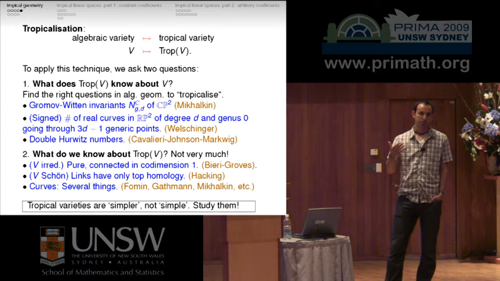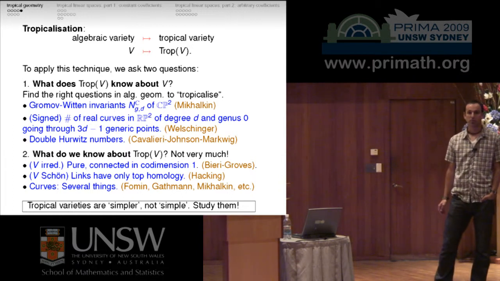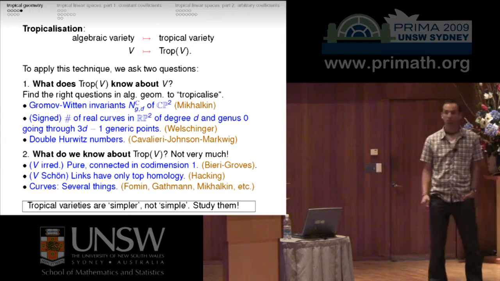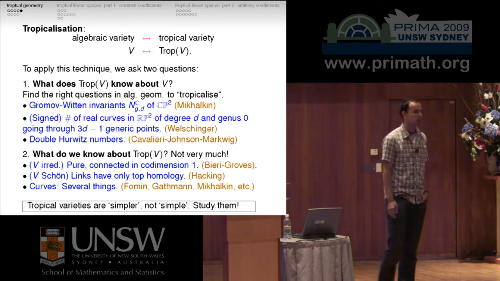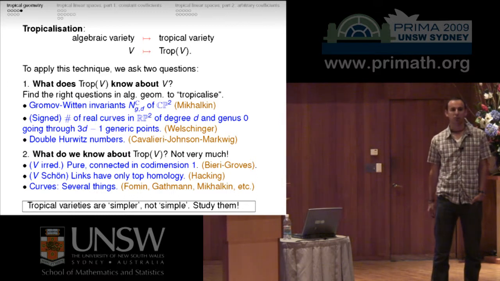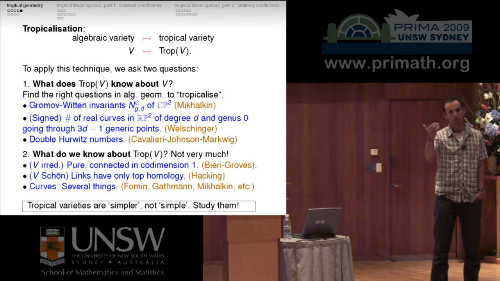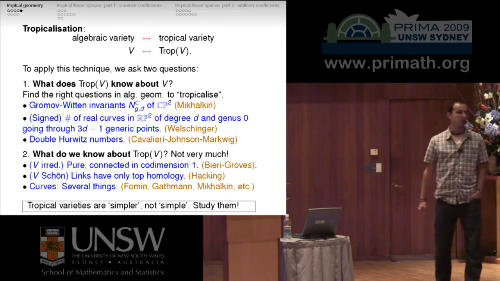There's a real analog of that in genus 0 that also works out, and this was done by Welschinger. There's a very recent paper of Cavalieri, Johnson, and Markwig that shows that, for example, you can also compute double Hurwitz numbers by tropicalization. And the classical question and the tropical question are going to give you the same answer.